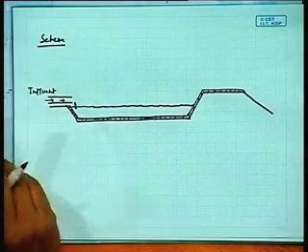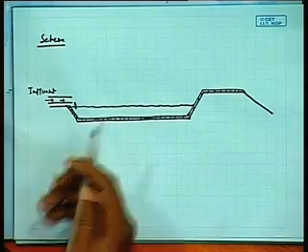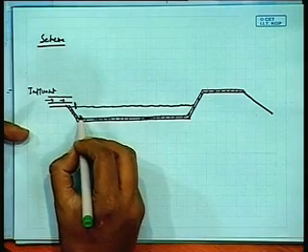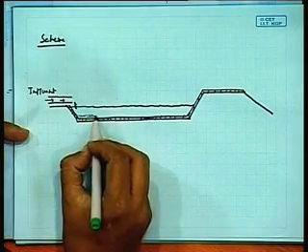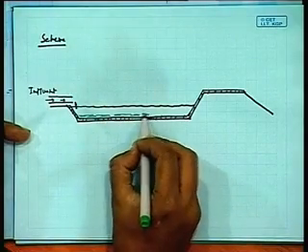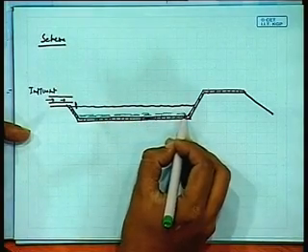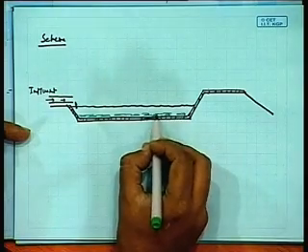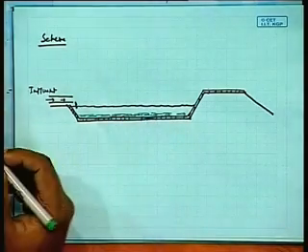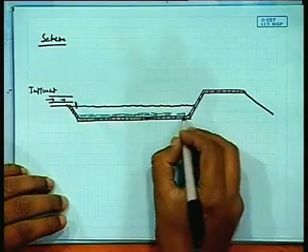In some cases, we will find that fine soil substrates are also spread over, if it is a designed wetland. This is the fine grained soil.